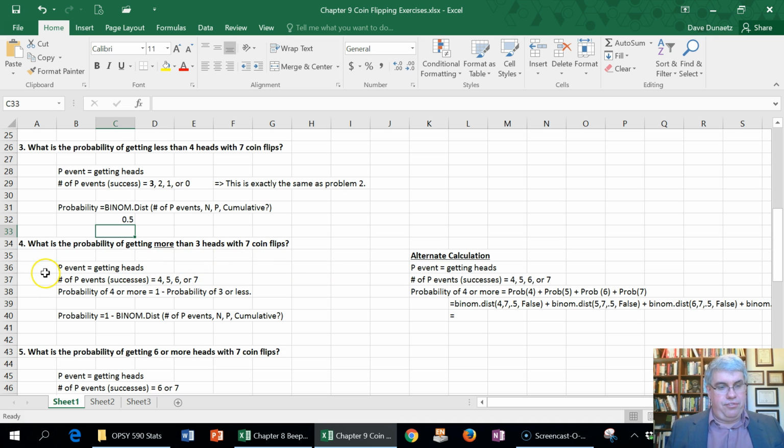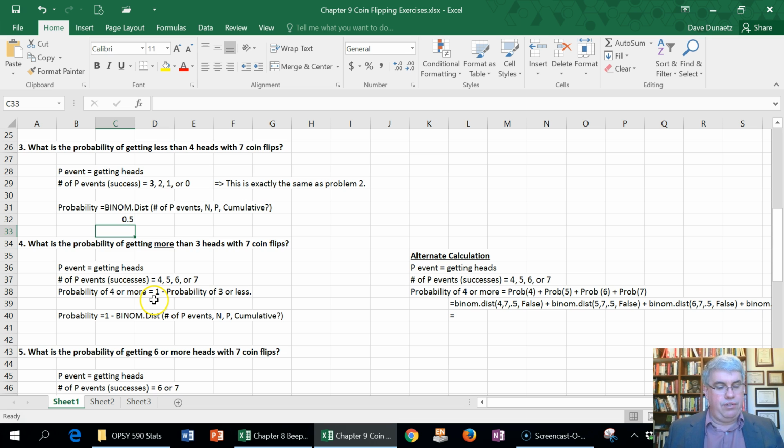So let's think this through. The P event is getting heads. The number of P events that we're interested in is 4, 5, 6, or 7. And the probability of 4 or more is going to be the same as 1 minus the probability of 3 or less. Because we can calculate 3 or less, we can calculate these cumulative scores.